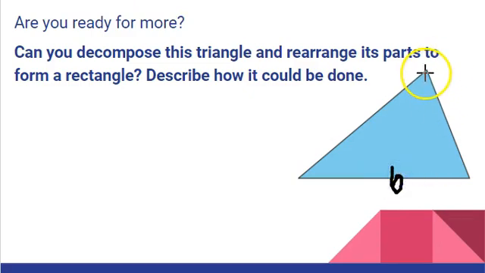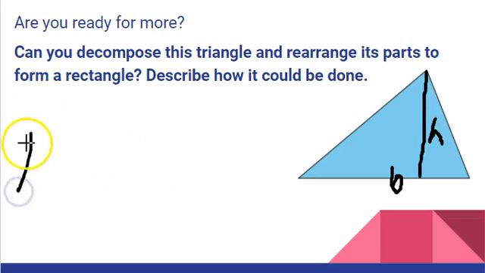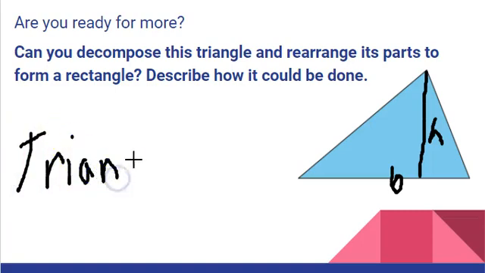And we'd have to find out a height. And then if we did that, we can double the triangle. Or what's another thing we could say about triangles and how to find the area? I think we figured it out.